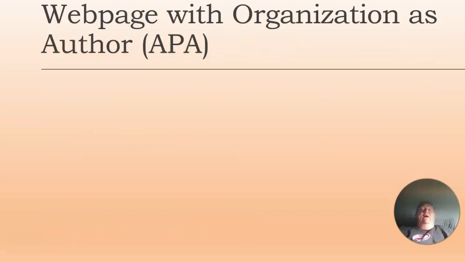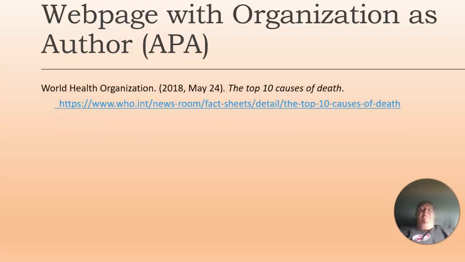Okay, what if the web page has no person's name, but it has an organization? So here's an example: the World Health Organization. So the World Health Organization can be considered the author of this, because there is no other organization or name given.